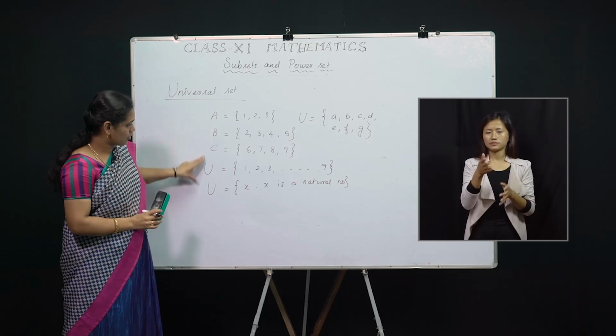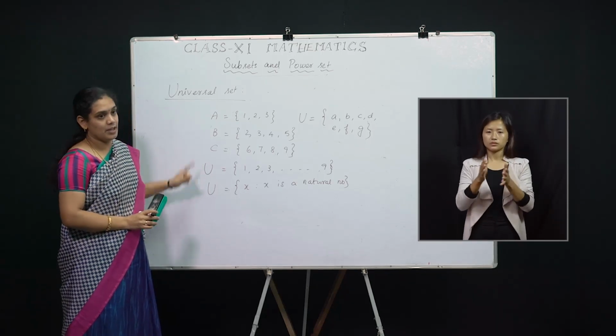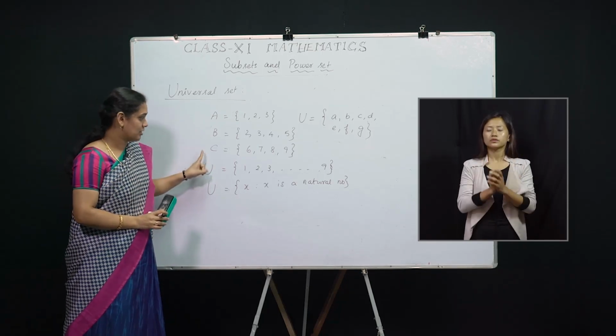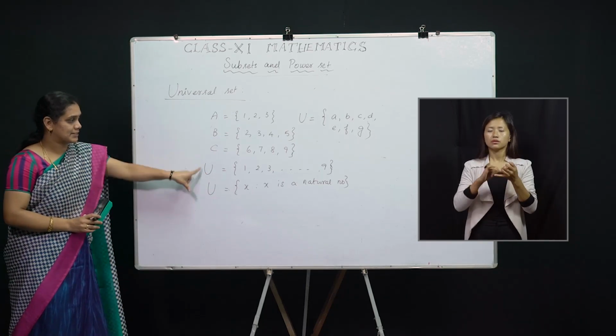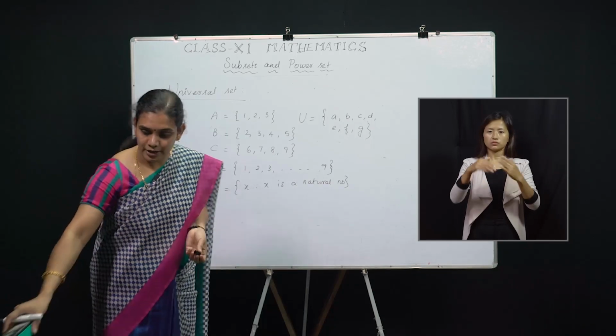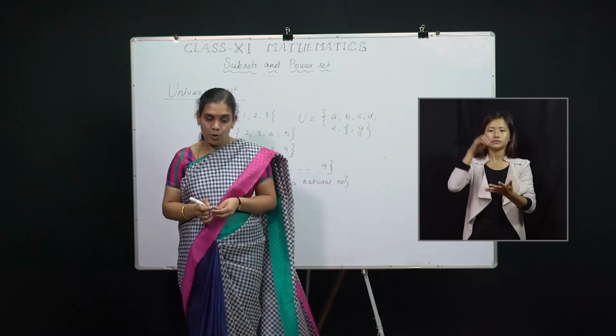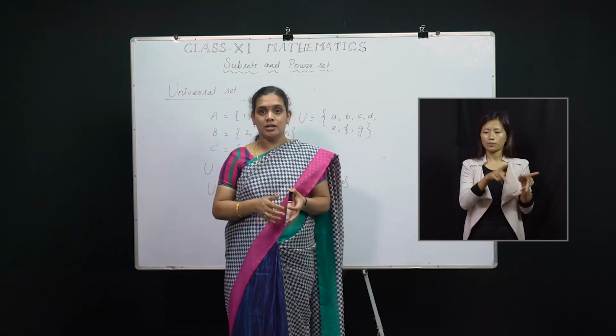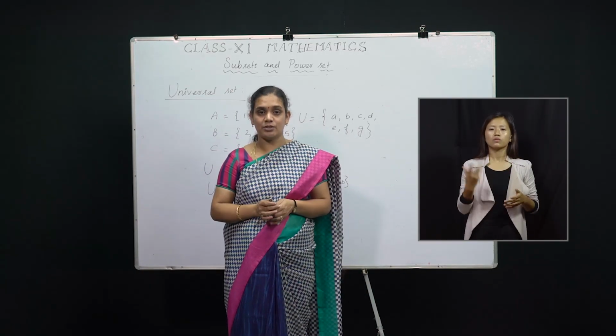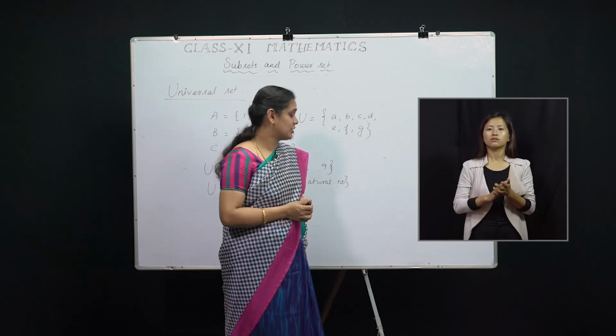Therefore, in the particular context, we have to take the universal set, and the universal set is not unique. And this is the superset of all the sets. Today we learned what is a subset, what is a proper subset, what are the intervals as subsets of R, and what is a universal set.